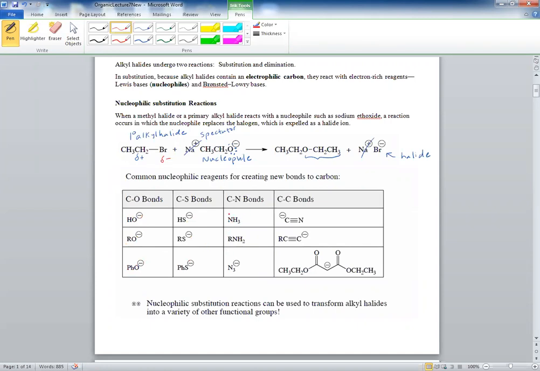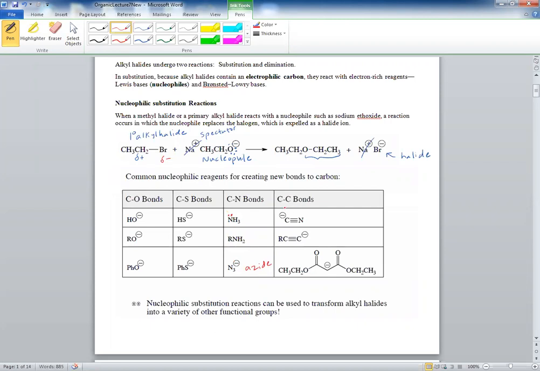nitrogen, like ammonia here. Again, you look at the lone pairs here. Remember, that's what forms the new bond: you need electron pairs. Amine, this is azide. They have enough electrons.